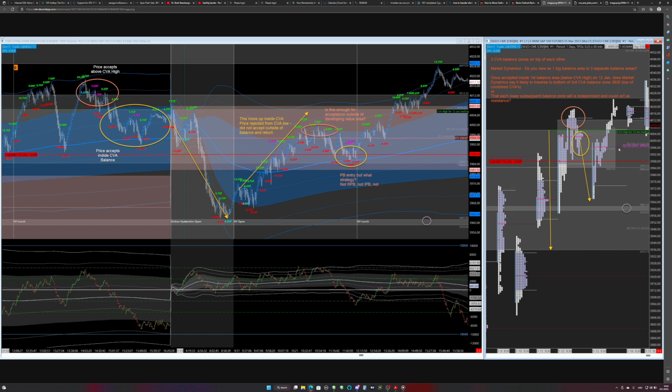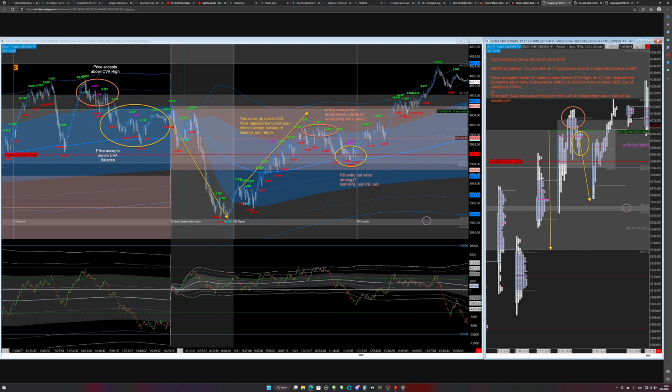Look, this part is pretty tricky because it's tricky with time. This balance is from July of last year, and it should be weak, but I don't see it as weak. This profile's value area low stops right at the value area low of the CVA.